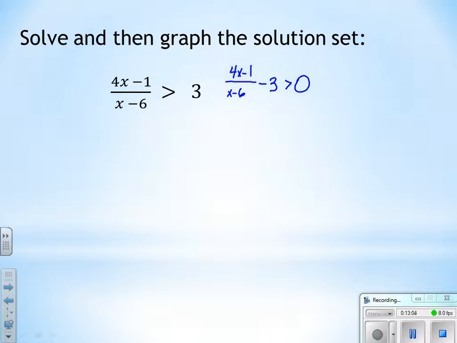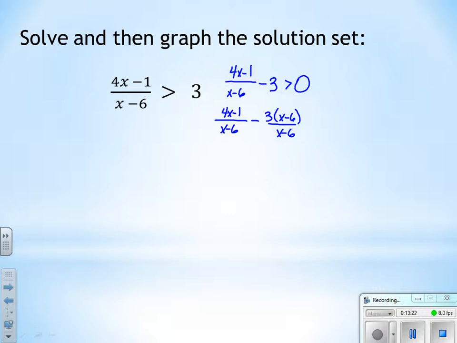So I need to multiply my negative 3 by x minus 6 over x minus 6. So the first fraction, I don't have to do anything with this. But I need an x minus 6 as a denominator on the second one.